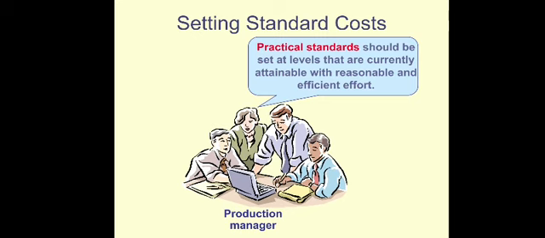So practical standard means the standard cost that the business makes is the amount that can be achieved by the workers if they work hard for it. If they are lazy, then they will perform below the standard. Okay, that is practical standard.